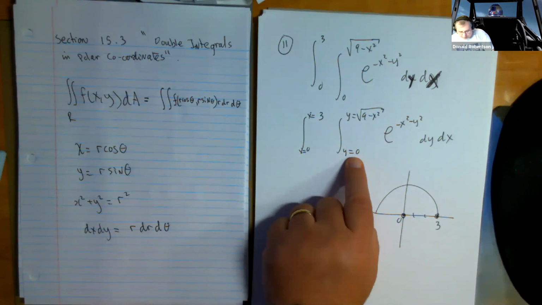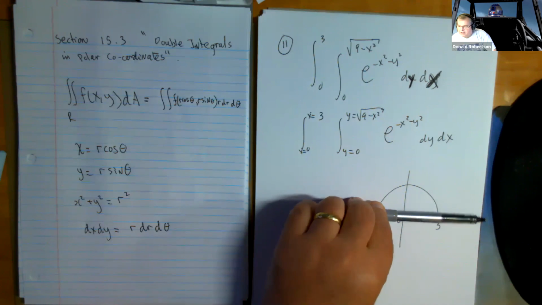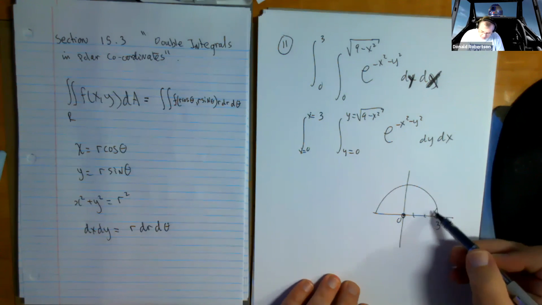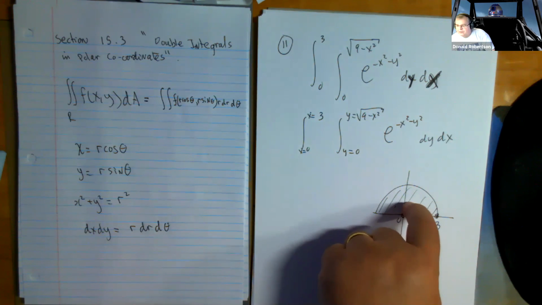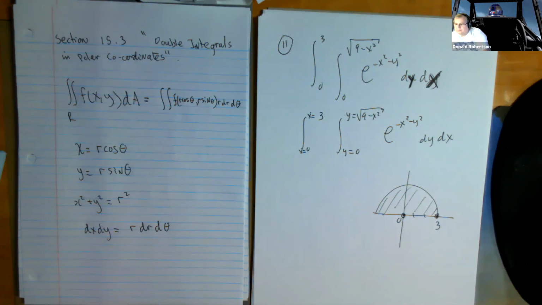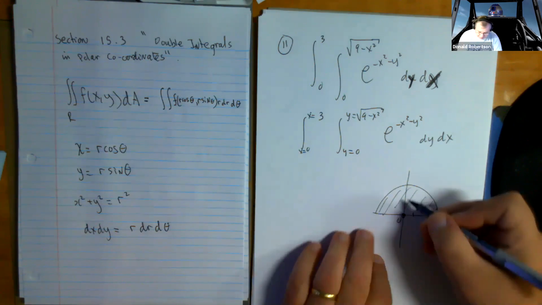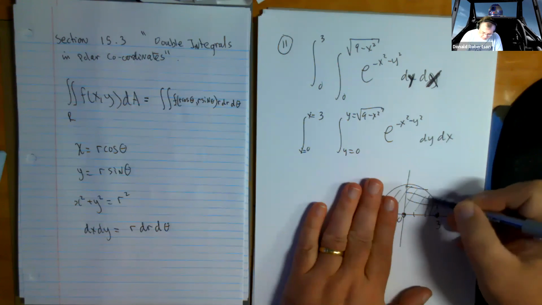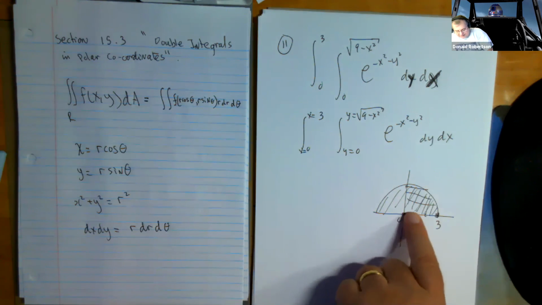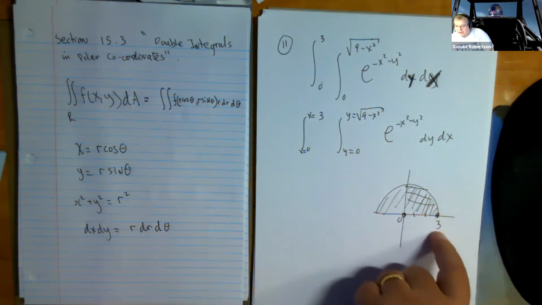And if you do y equals 0, aren't you starting at the bottom, right? And go to the top. So what we have just discovered is that this represents that. 0 to 3, oops. Caught myself in time. It represents this little piece here, right? 0 to 3, right-hand corner.